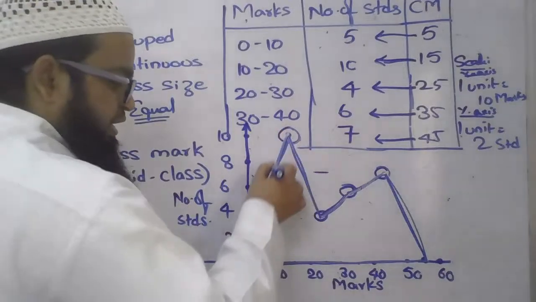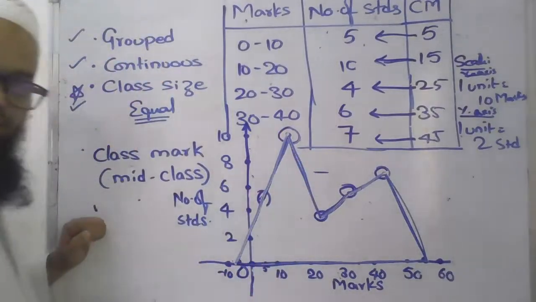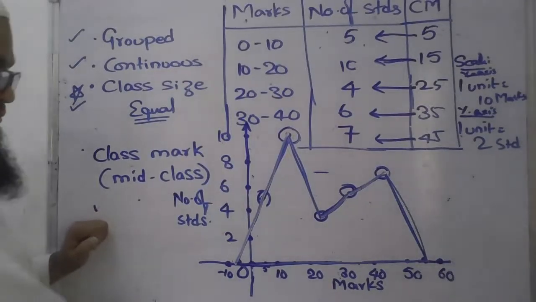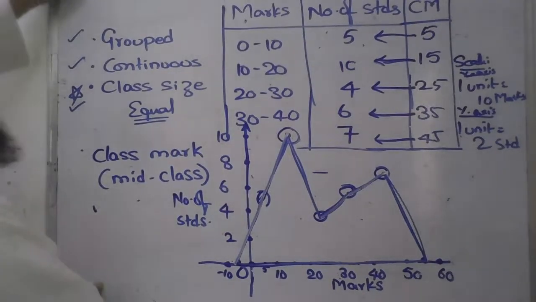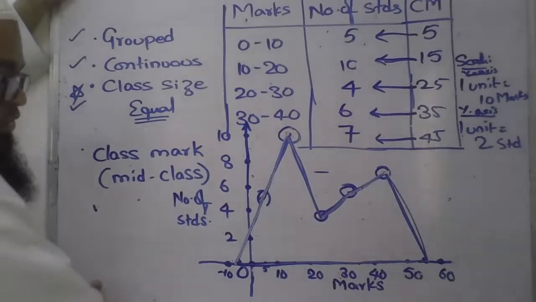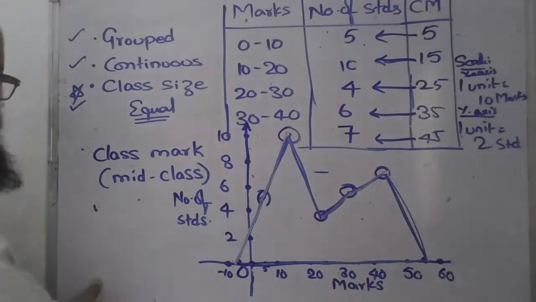A closed figure with straight lines. Understood, my dear students? This is how you have to draw a frequency polygon. Got it, everybody? Any doubts?